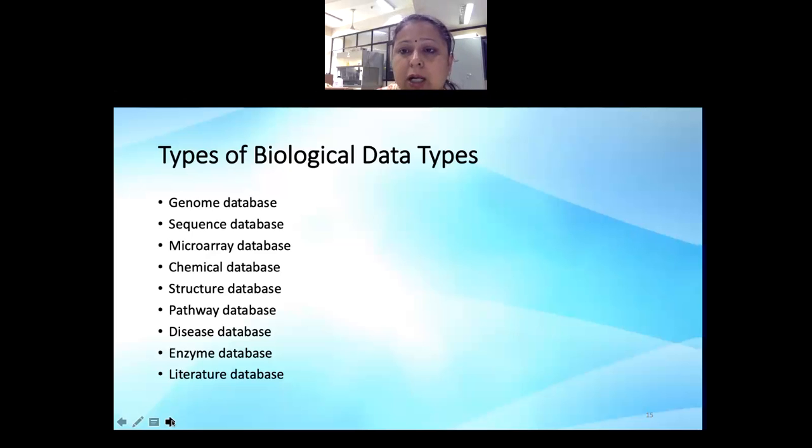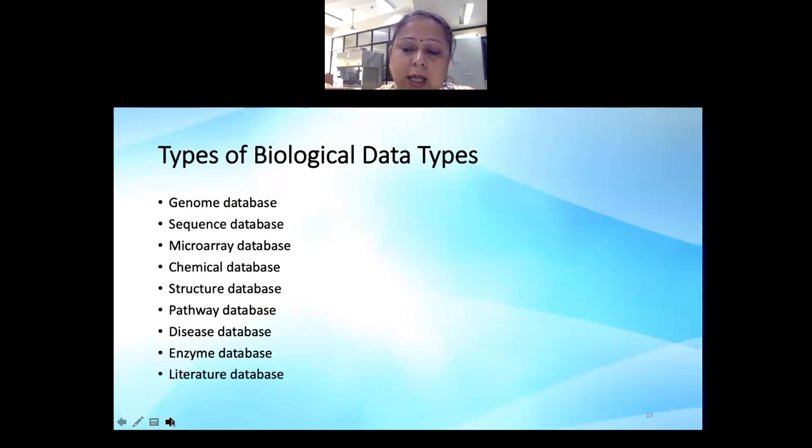Then we have disease databases, where you can have knowledge about a disease, its cycle, its drugs, its symptoms, its cure, the therapeutics that is involved in it, the diagnostic procedures that are involved in it. So you can get knowledge about every aspect of the disease from such databases.